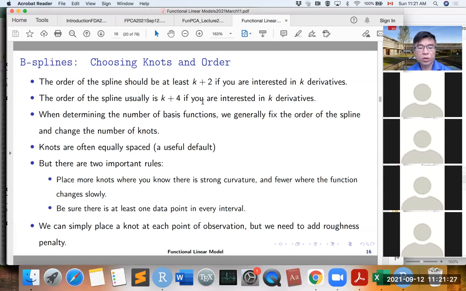A rule of thumb is that we simply put 1 knot at each time point with observation, and then we add the roughness penalty to control the smoothness of the function. So this is the summary of the B-splines.